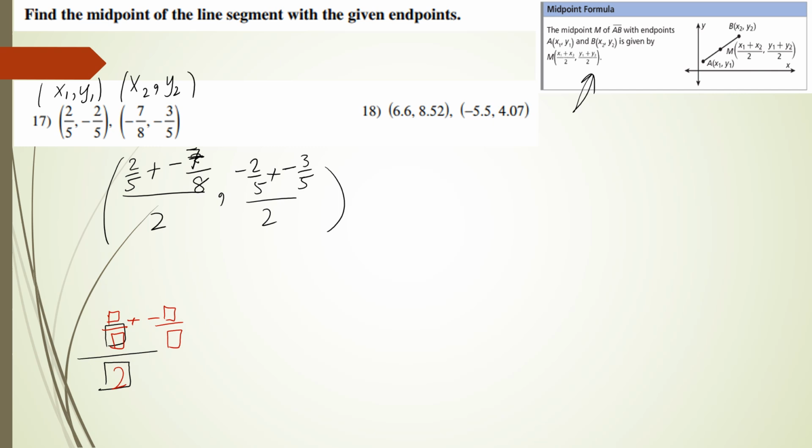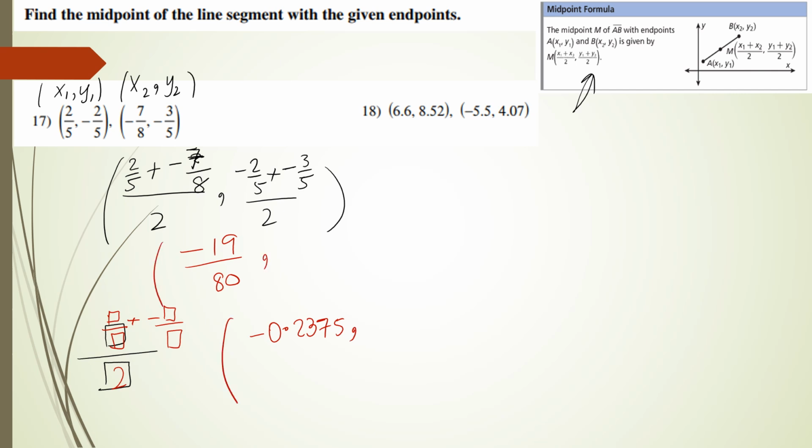So you will get negative 19 over 80. Or in decimals, if you press the SD, you will get negative 0.2375. I am making the first one first.